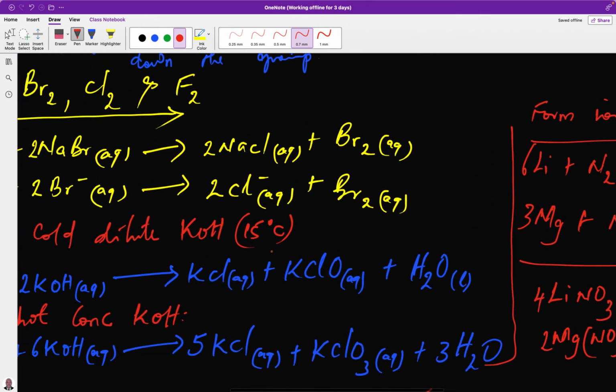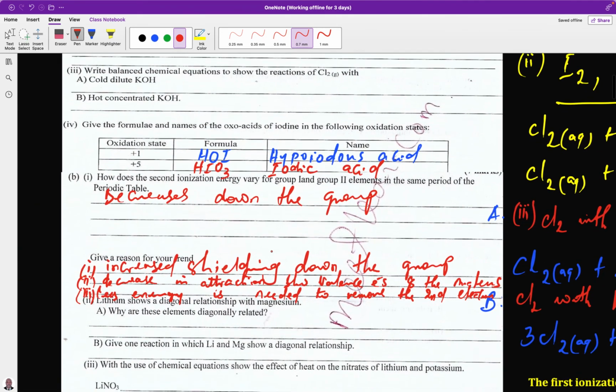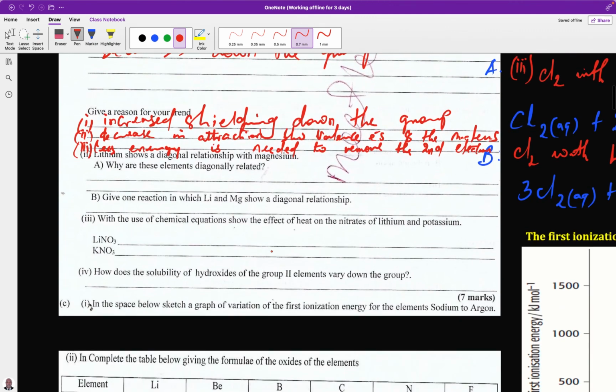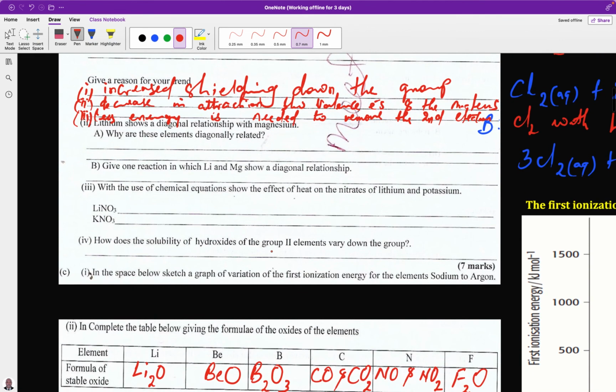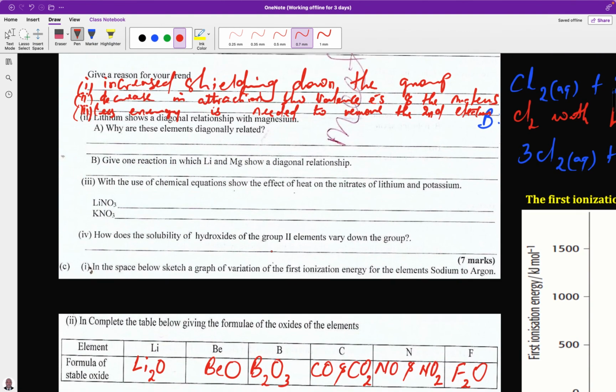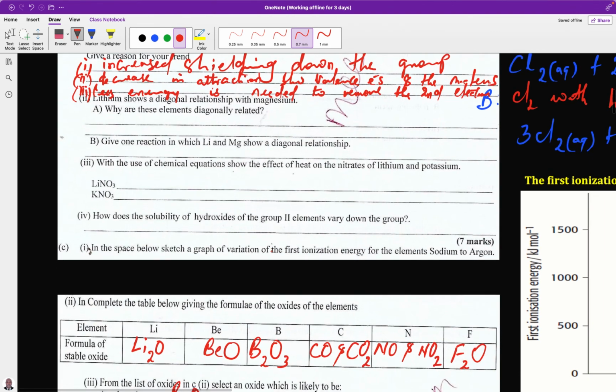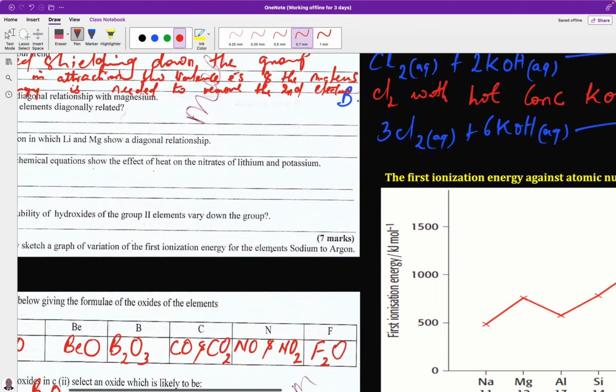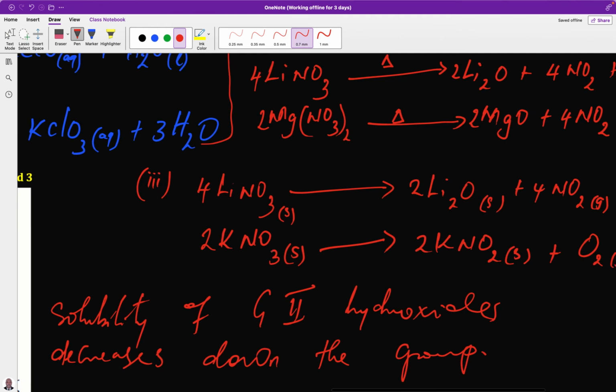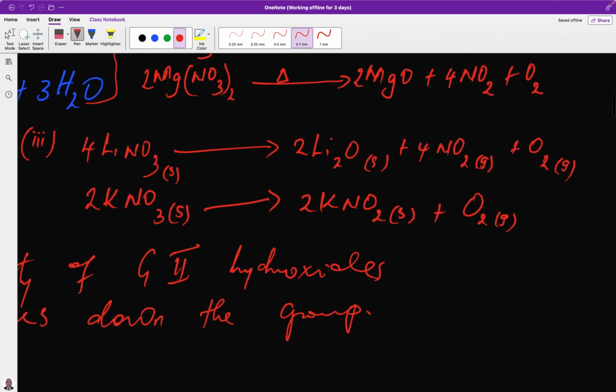Then it went further again: give the reaction with the use of chemical equations to show the effect of heat on nitrates of lithium and potassium. Lithium nitrate, when heated, will decompose to give lithium oxide, nitrogen dioxide and oxygen.